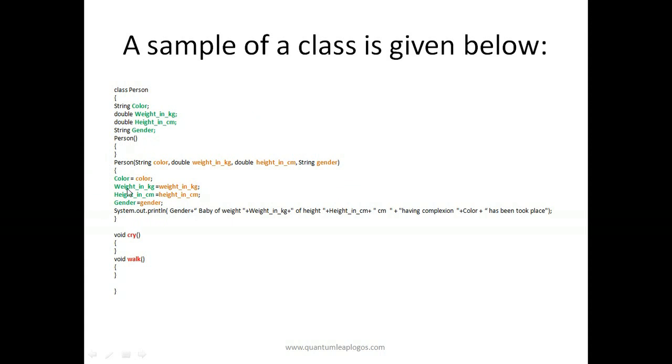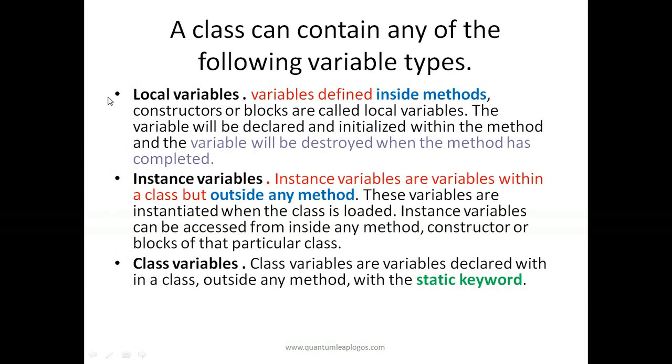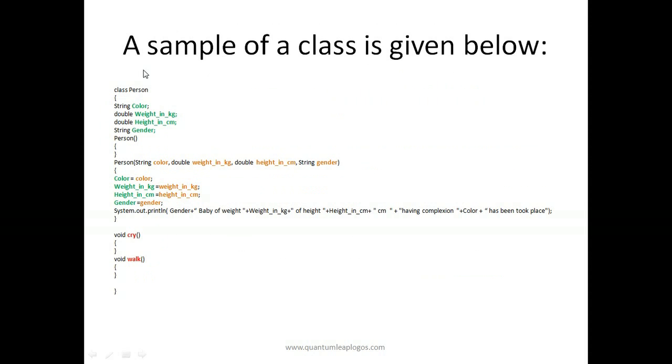So this complete thing is a class. Which class? The Person class. These are attributes, and these two are behaviors or methods, and Person is a constructor which has no parameters. Here I have written another constructor which has parameters.